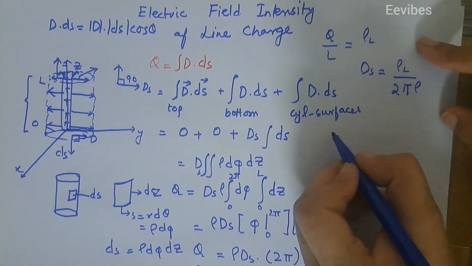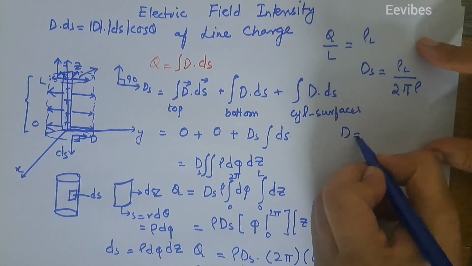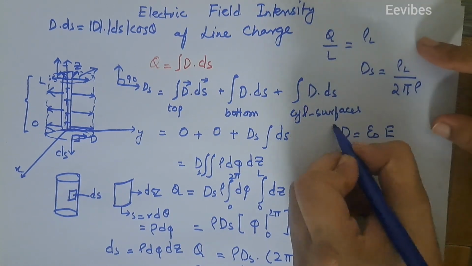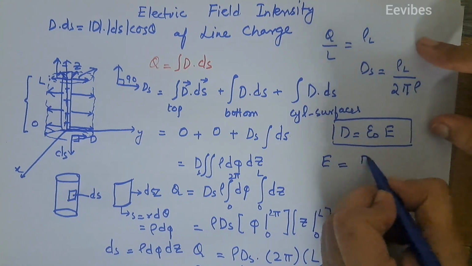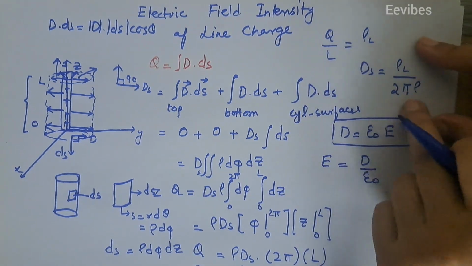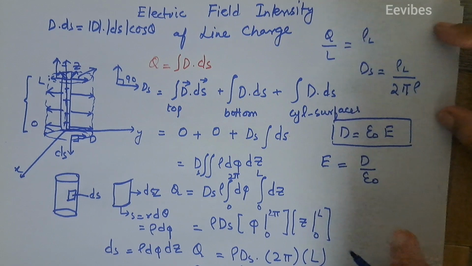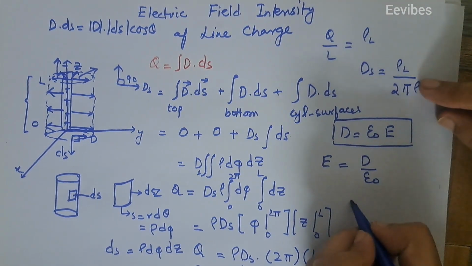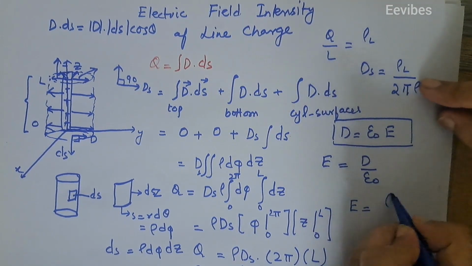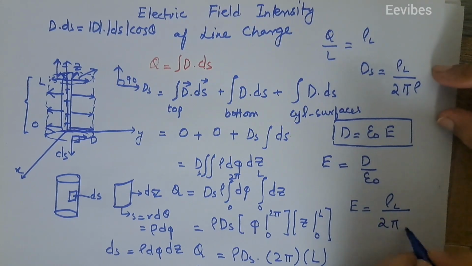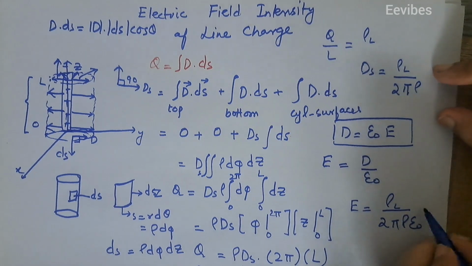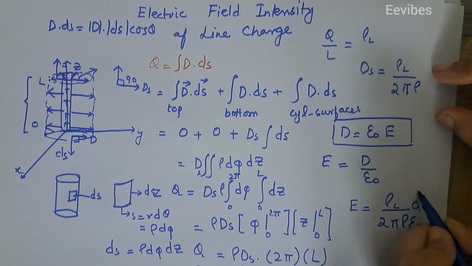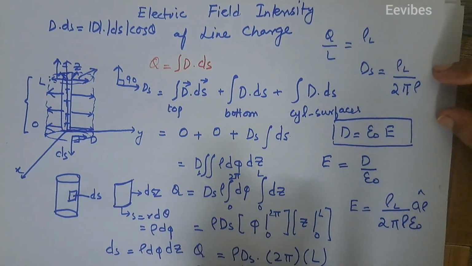Also, we know that D is equal to epsilon times E. So from here, the E vector is equal to D over epsilon. So let's divide this expression by epsilon. You will get E equal to rho L over 2 pi rho epsilon, and obviously it acts along the radial line, so don't forget to add the unit vector always.